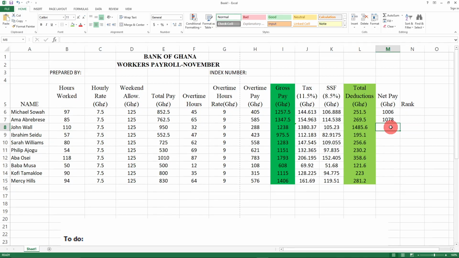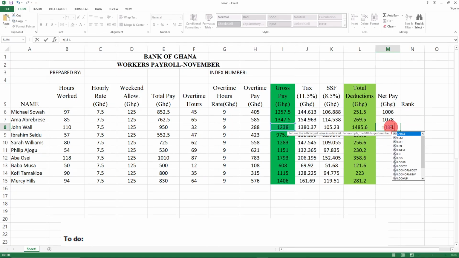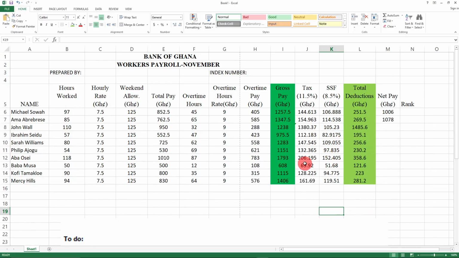Let's find out how much John will be going home with. So John is I8 minus L8. Okay, let me do it again. I think I made a mistake. Okay, so now you see what I was talking about.